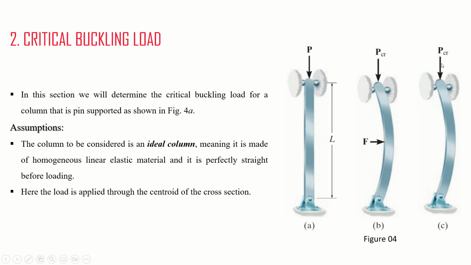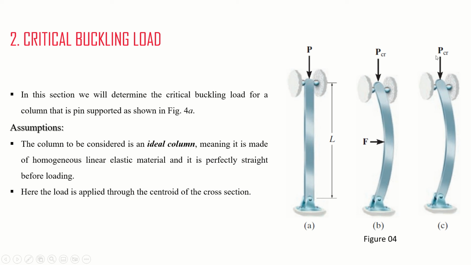Now what happens if you reduce the load? If you make the load smaller than P critical, for example, you have applied a P critical of 50 kPa and the column continues to be in this shape. Now make it 45 instead of 50, and the column will start coming back to its original position.